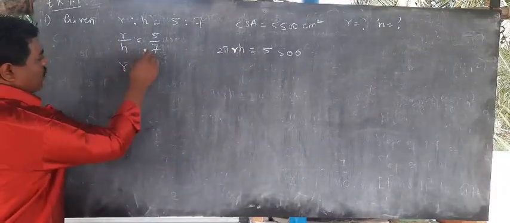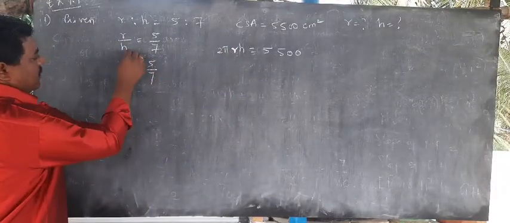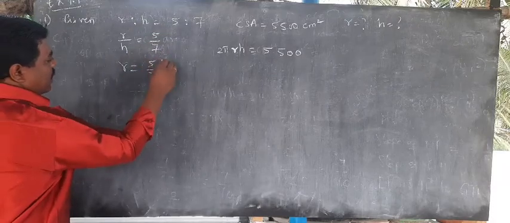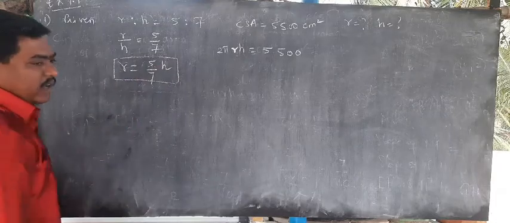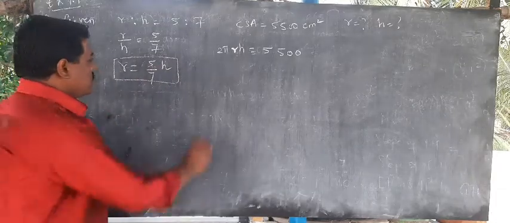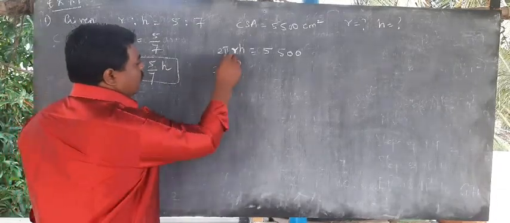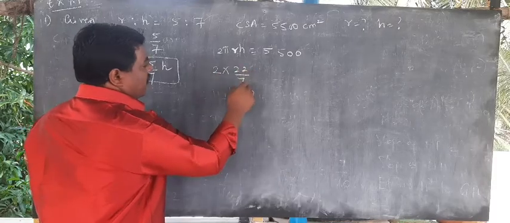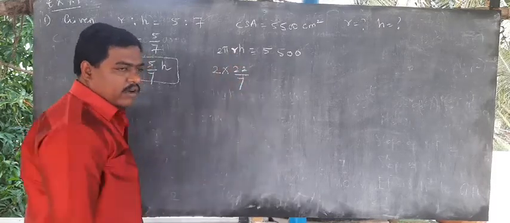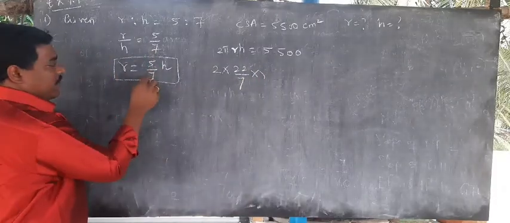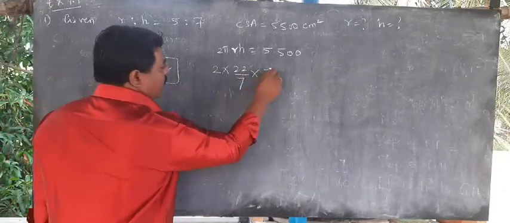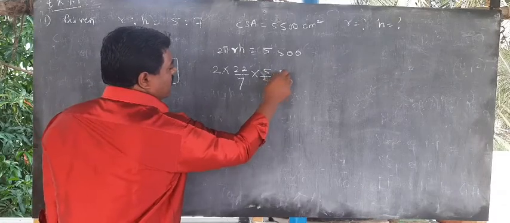r by h equal to 5/7. Cross multiplying, r equal to 5/7 into h. So 2 into pi, always pi equal to 22/7, into r, which is 5/7 into h, equals 5500.